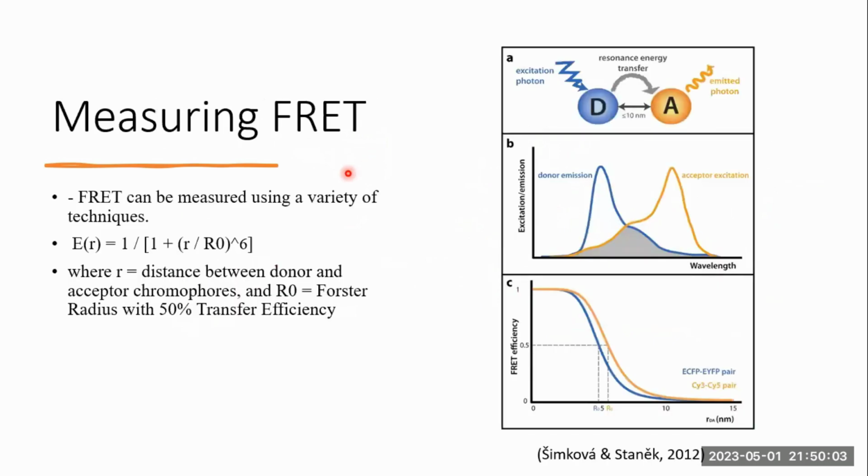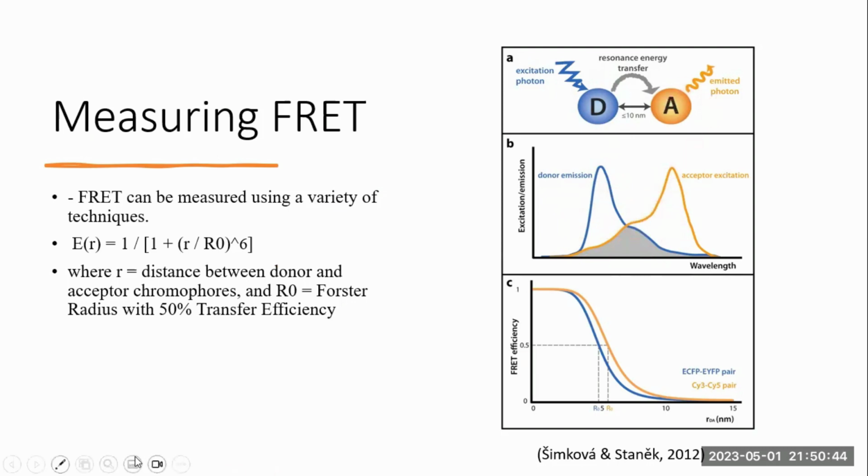So how do we measure this FRET? Well, like we've already established, we can emit light via the excitation of the initial molecule. However, there is a contingency. What is this contingency? As we see in this gray area, there has to be an overlap of the wavelength, meaning the emission wavelength of the donor molecule has to be the same as the accepting wavelength of the acceptor molecule.